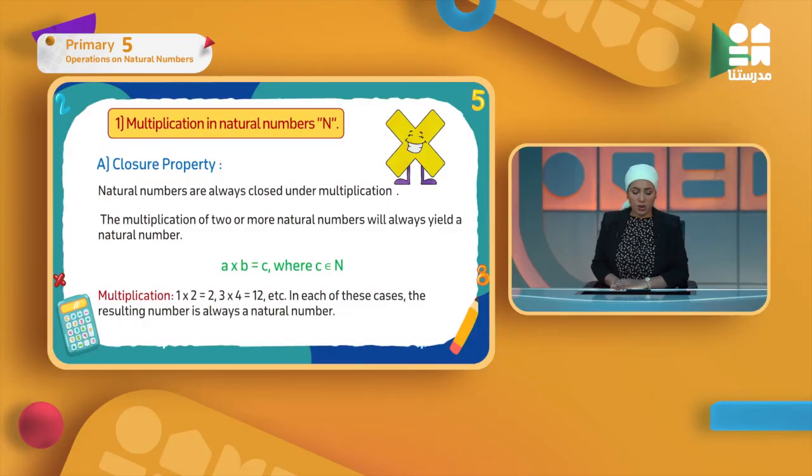Let's apply it on numbers. 1 times 2 is 2, 3 times 4 is 12, and so on. So in these cases, the resulting number is a natural number.